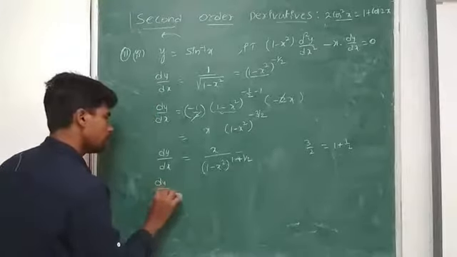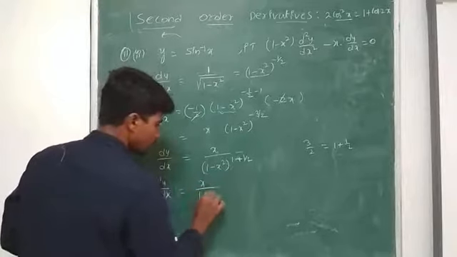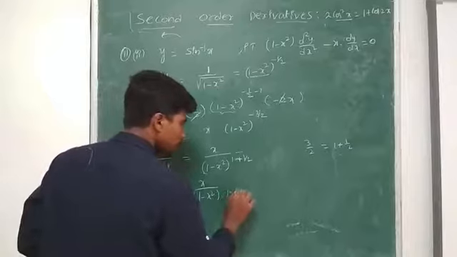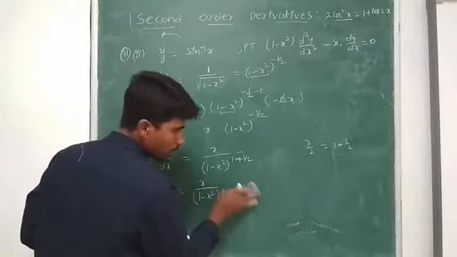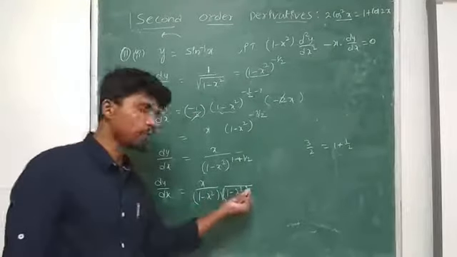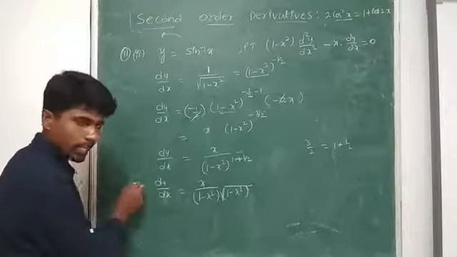So dy by dx is equal to x by (1 minus x square) into (1 minus x square) power 1 by 2. Power 1 by 2 represents root only, no? So I write it as root. Power 1 by 2 is nothing but root. Now 1 minus x square, transfer to left side.